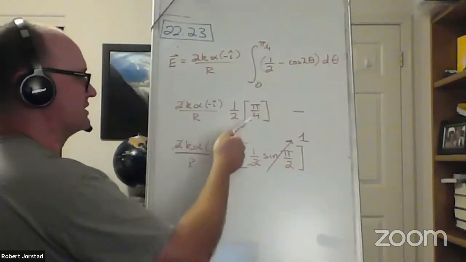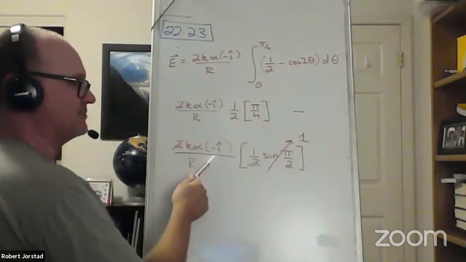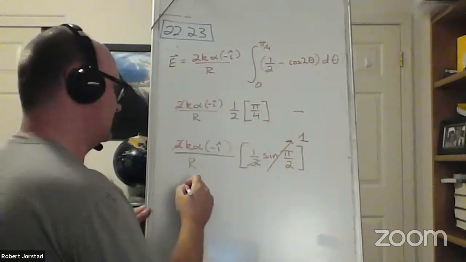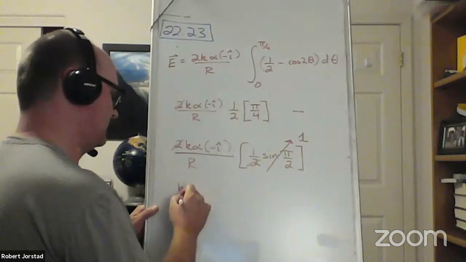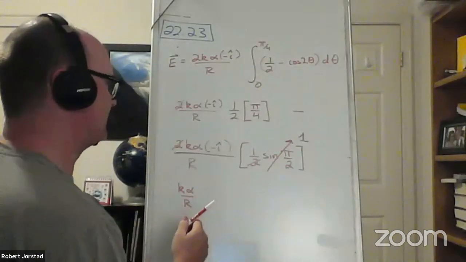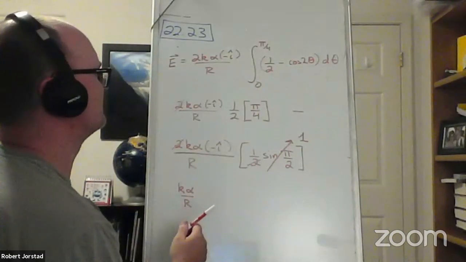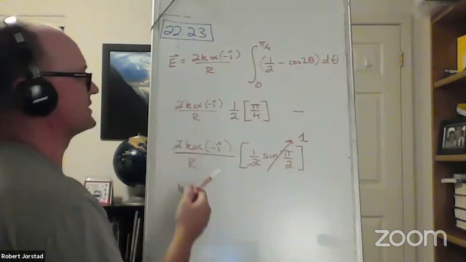And then this, it looks like, so I'm just going to write all this down. Minus a negative becomes a positive. So it looks like K alpha over R. Something seems funky here. We'll check it at the end and see if I screwed up.